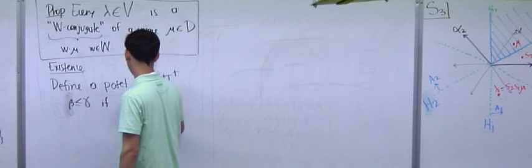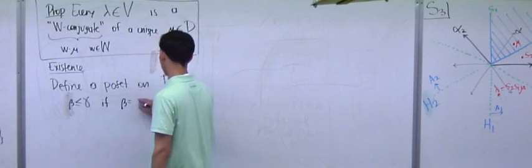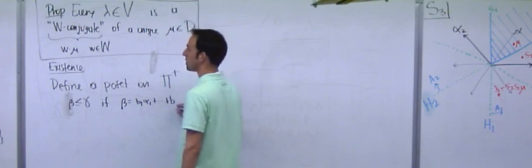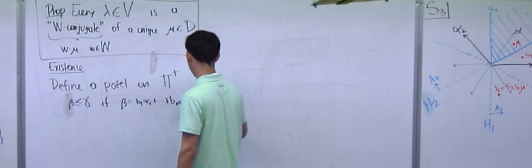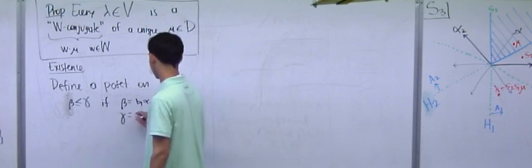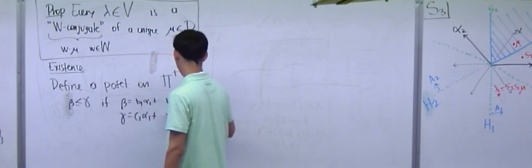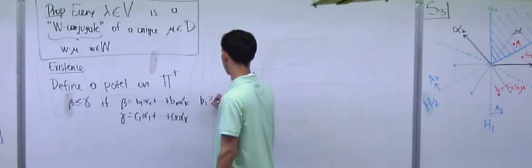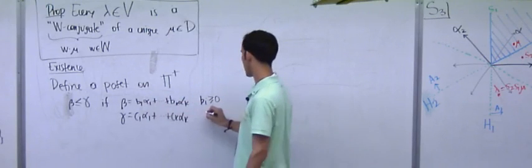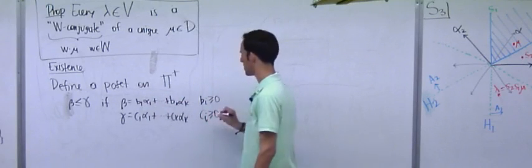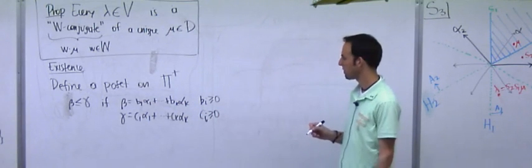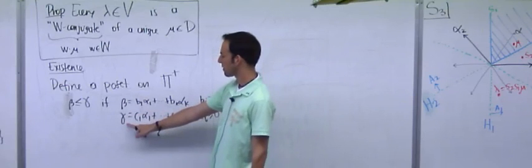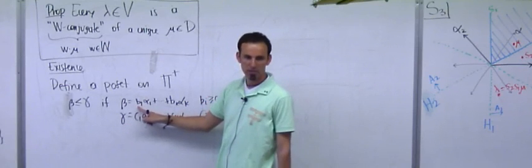So when I write beta as b1 alpha 1 up to bk alpha k, and I write gamma as c1 alpha 1 up to ck alpha k, by definition, because beta and gamma are positive, the b's and the c's are non-negative. So I call this root smaller than or equal to this one if each coefficient here is less than the corresponding one here.